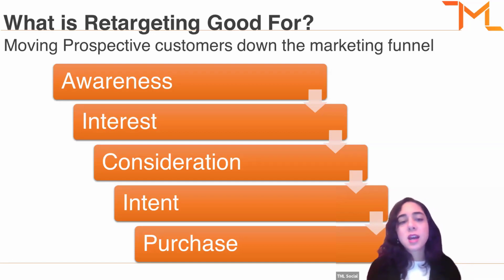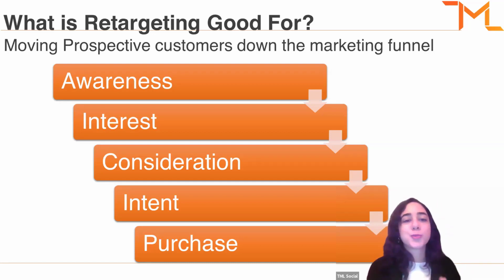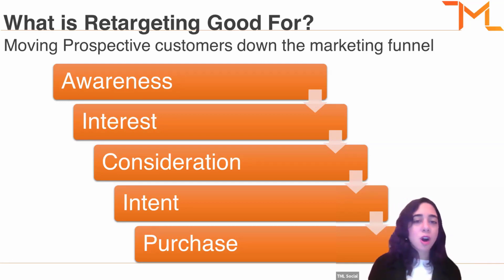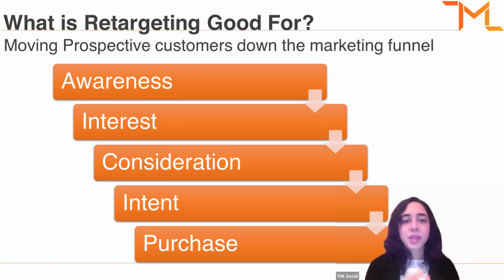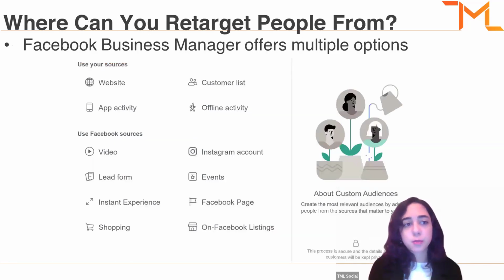How do they do that? By sending a retargeting campaign to people who spent a certain amount of time on their website. That gets you to see the product again, and then maybe you decide, all right, I'll go add it to cart. This is the entire point of these retargeting campaigns: moving your clients through that funnel and hopefully getting them to purchase something from you.